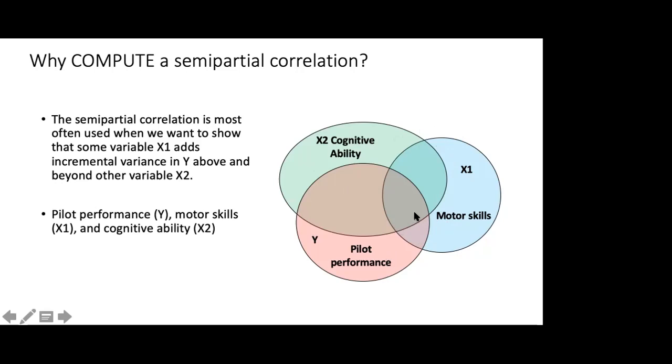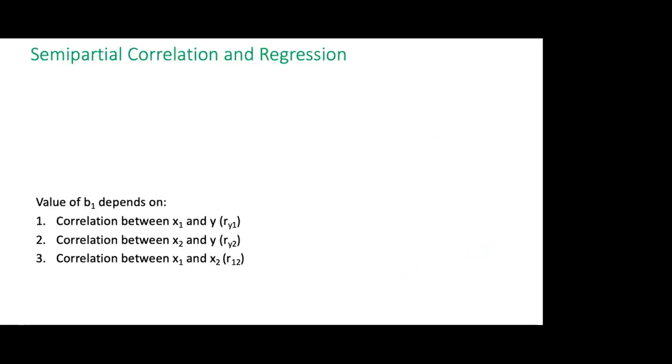In this case, they would. So we would have this little snippet of overlap. That means x1 would contribute something unique and specific to pilot performance that cannot be explained by its shared variance with cognitive abilities. So motor skills would add something unique here.